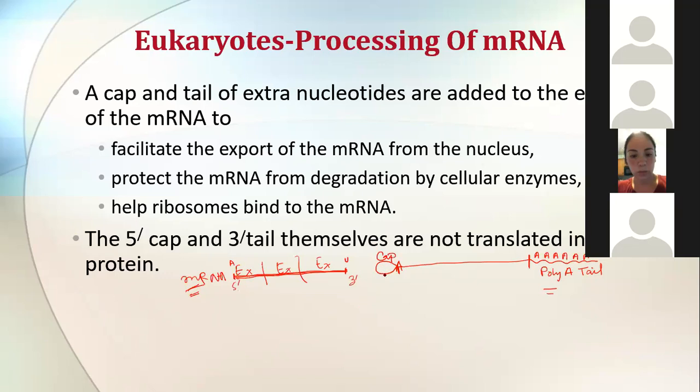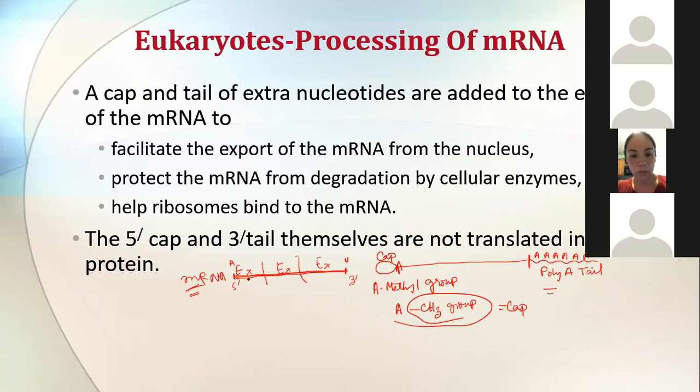Now for the cap, what happens? We add a methyl group with adenine. So basically adenine with one CH3 group. That CH3 group works as a cap, and multiple adenines work as a tail.